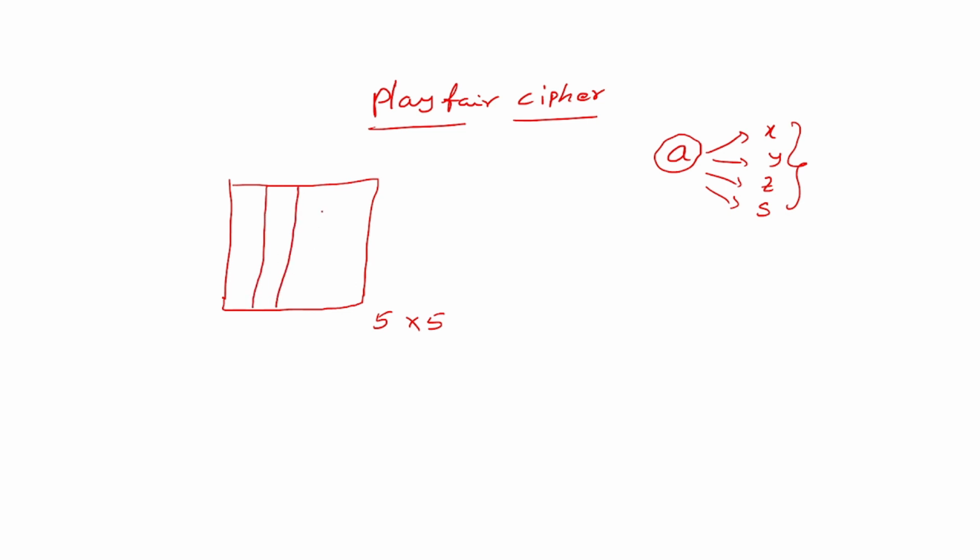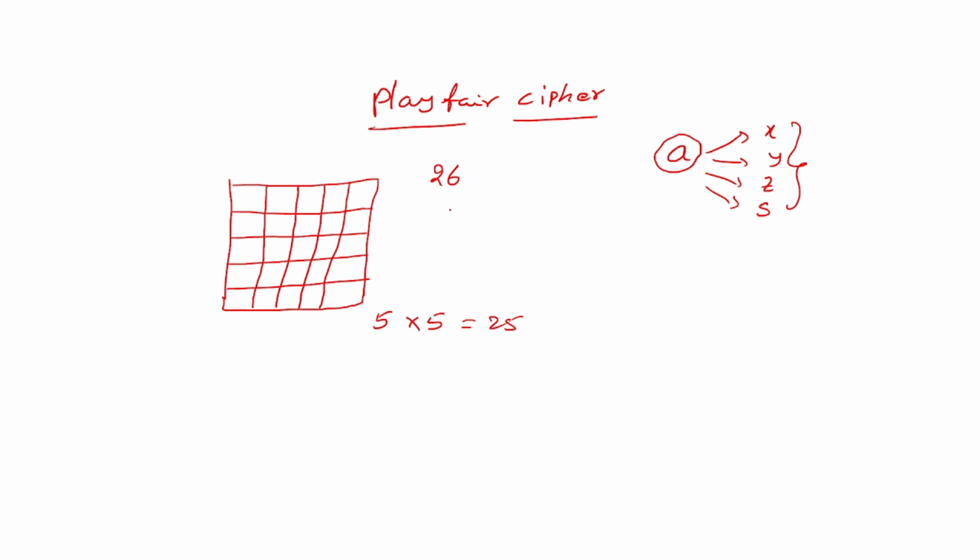It is a 5 by 5 matrix, and the matrix must be filled with 26 alphabets. 5 by 5 matrix means there are 25 cells, but you need to fill with 26 alphabets.